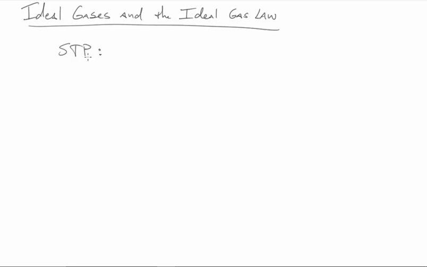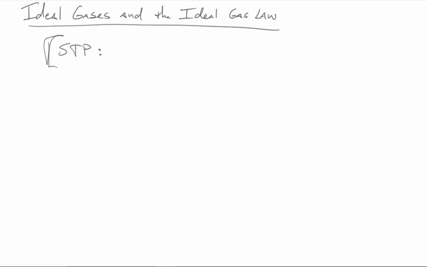Remember, in kinetic molecular theory we had our assumptions, and those assumptions were giving us what was needed to make them ideal gases. So a lot of our gases, like nitrogen, oxygen, hydrogen, noble gases, carbon monoxide, carbon dioxide, at standard temperature and pressure will actually behave like normal, ideal gases.